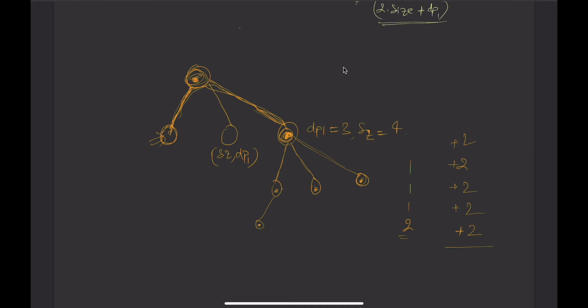What about this node? So I said okay, the siblings are incrementing by 2 through dp1 plus size for v, but what about the parent? How much answer is the parent contributing? So parent has one answer from here, right? Plus parent is also giving me this answer plus 1 also, isn't it?